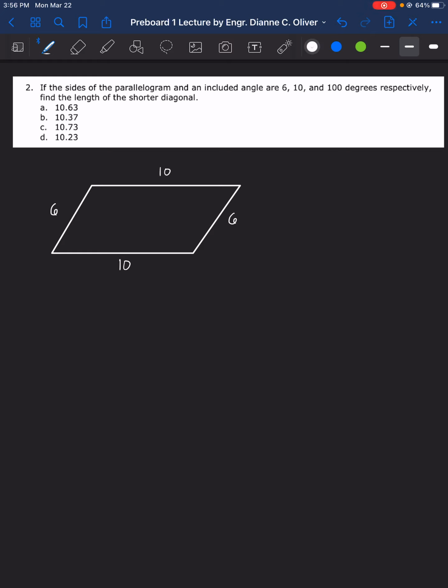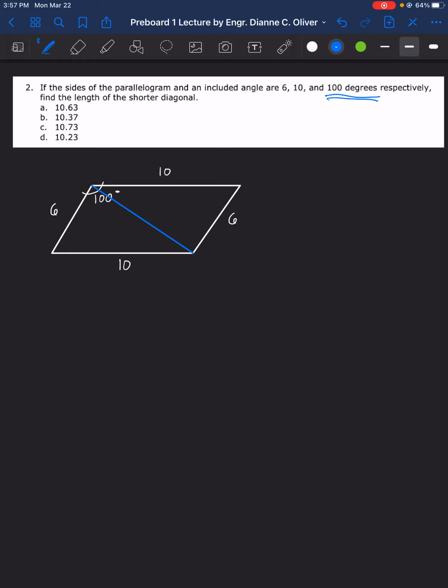Then this 100 degrees will go on the obtuse angle here, not at this portion, because this portion is an acute angle, obviously less than 90. Okay, so find the length of the shorter diagonal. This parallelogram has two diagonals. We have the longer diagonal and the shorter diagonal, which is being asked for in the problem.